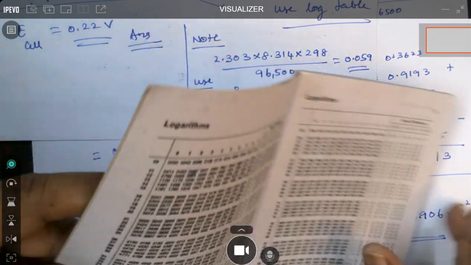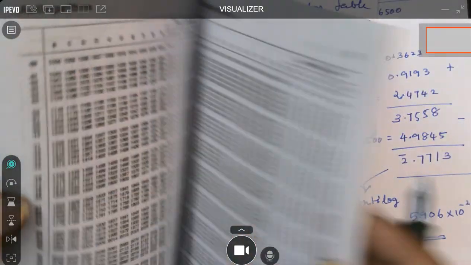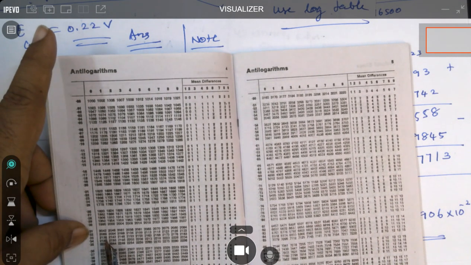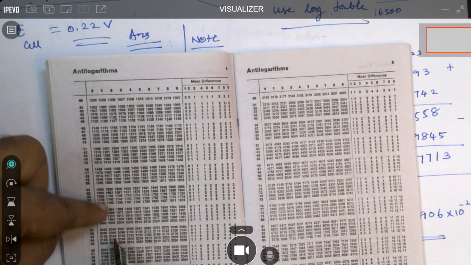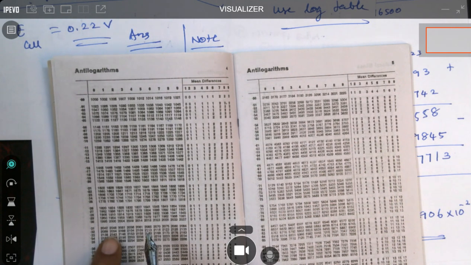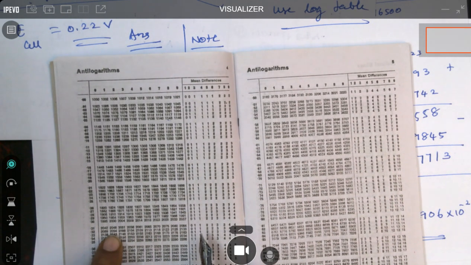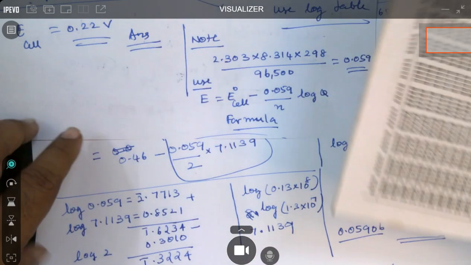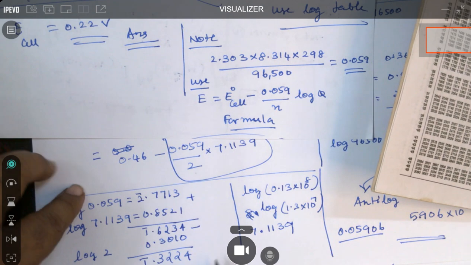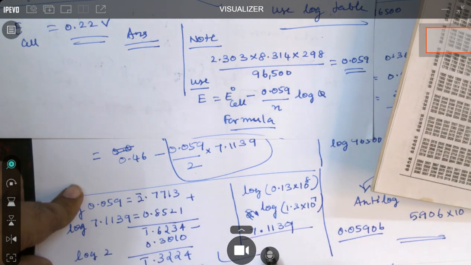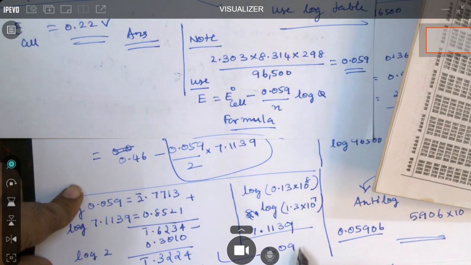So take the antilog of 0.3224, which is 2094, is it not? 2094 and 2 means 1, so 2095. Okay, so 2095.